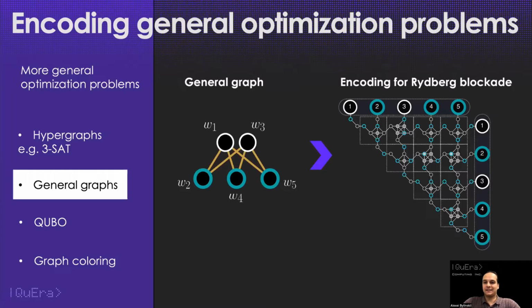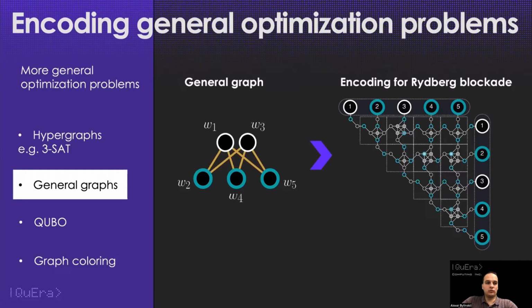The encoding overhead in terms of the number of qubits from this general graph to one that can be encoded onto the FPQA, in the worst case, is a quadratic overhead, meaning that you need to square the number of atoms as you have nodes in the initial graph. While this can be prohibitive initially for encoding large useful problems, it is a good start.